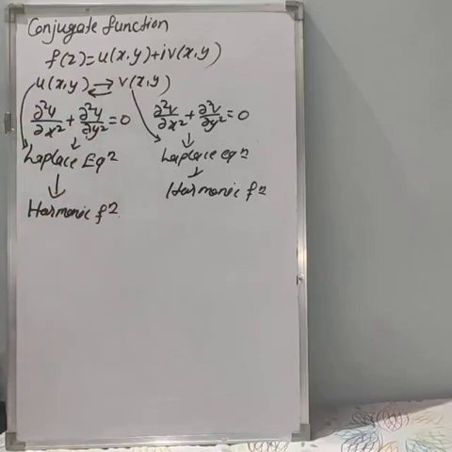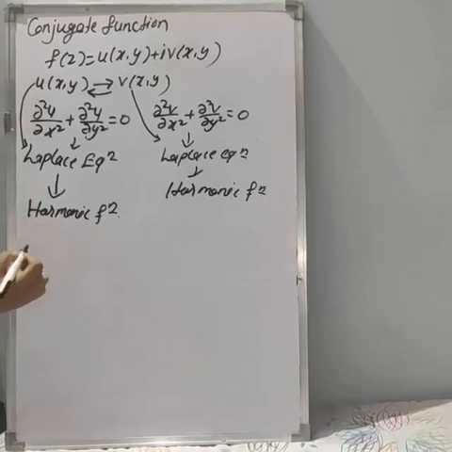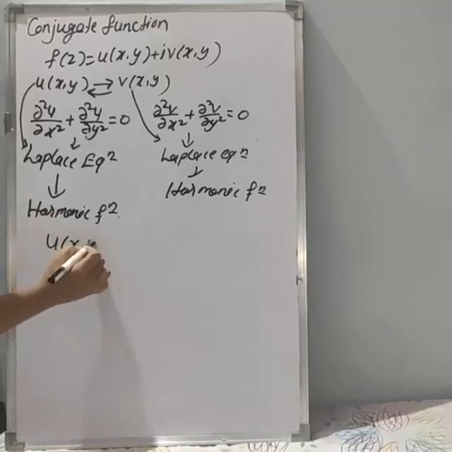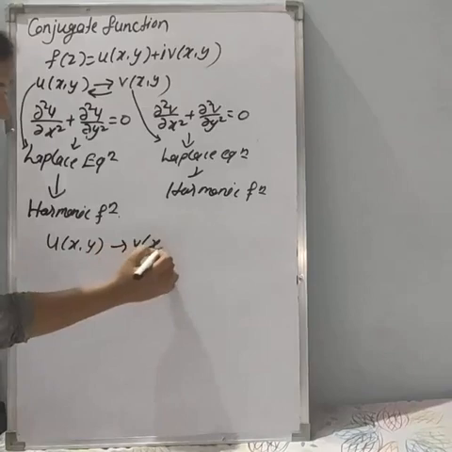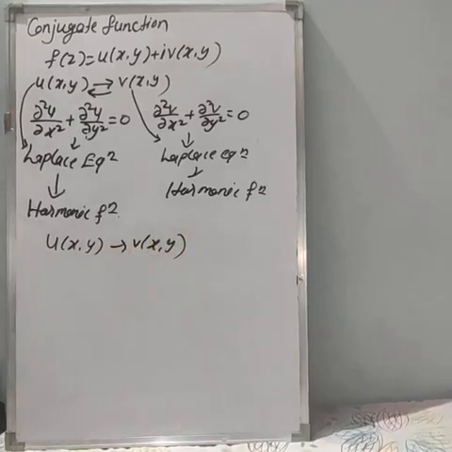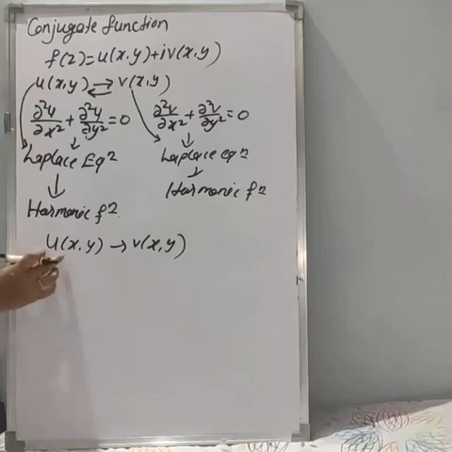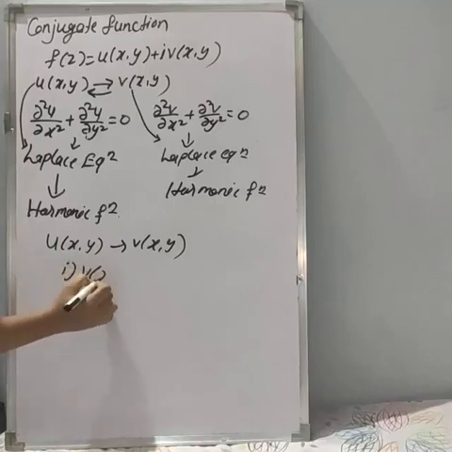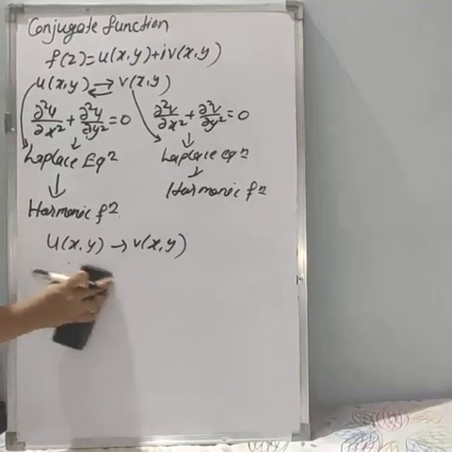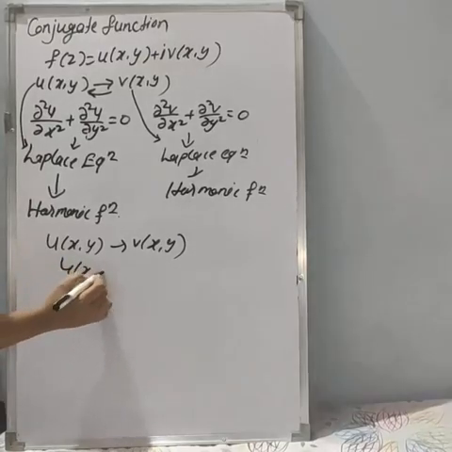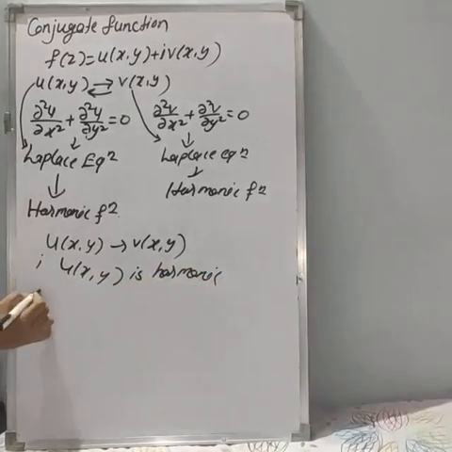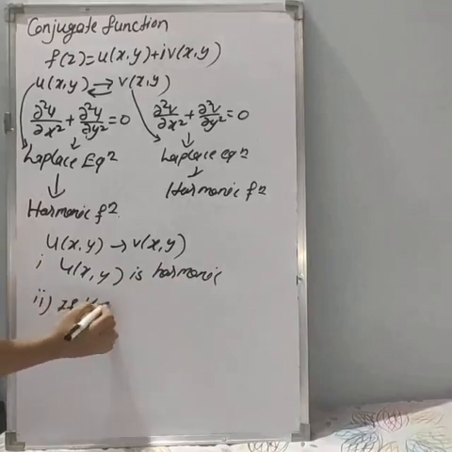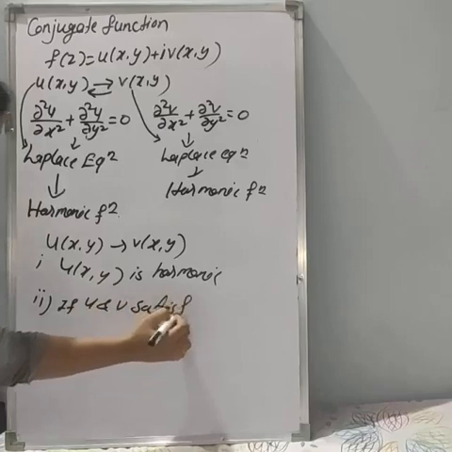Next concept is harmonic conjugate. When we say u of x comma y is the harmonic conjugate of v of x comma y, it should satisfy two conditions. First, u of x comma y is harmonic, and the second condition is that u and v both satisfy the CR equations.